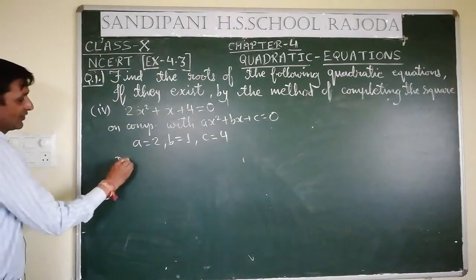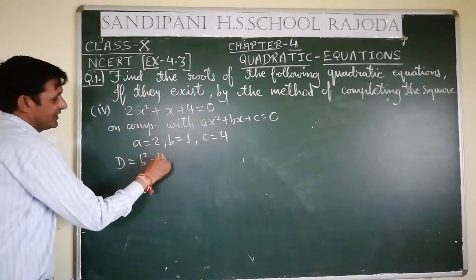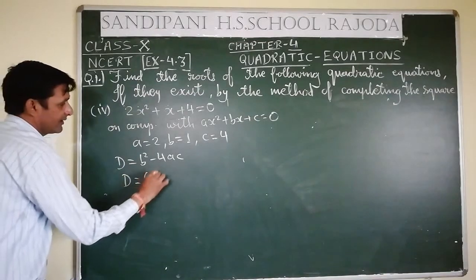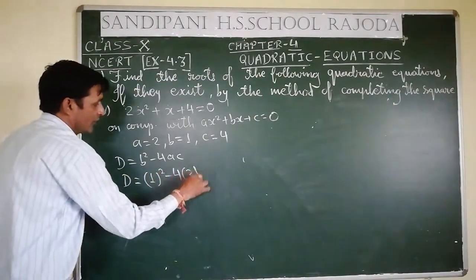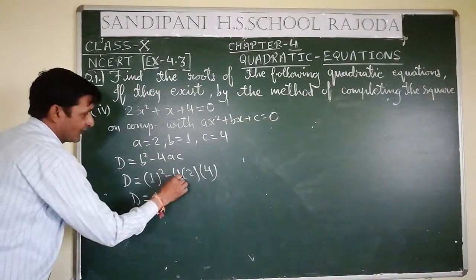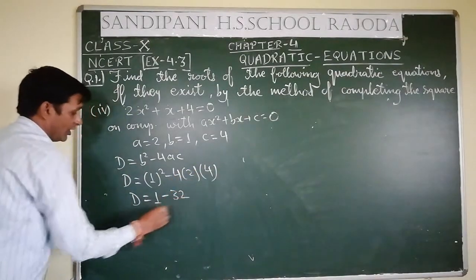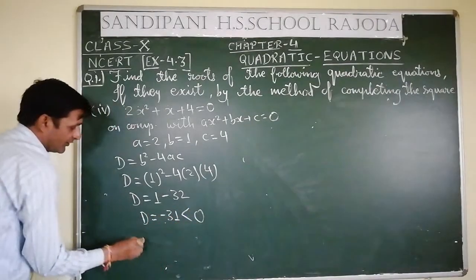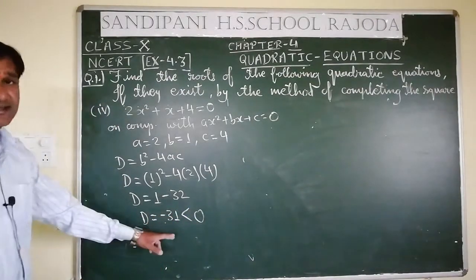So d is equal to b square minus 4ac, that is equal to 1 square minus 4 into 2 into 4, that is equal to 1 minus 4 4s are 16, 2s are 32. So d is equal to minus 31, which is less than 0.